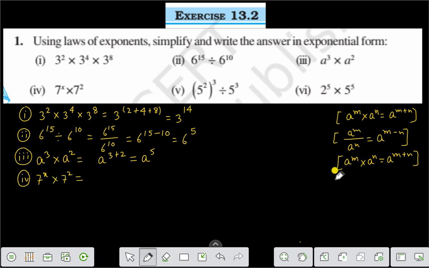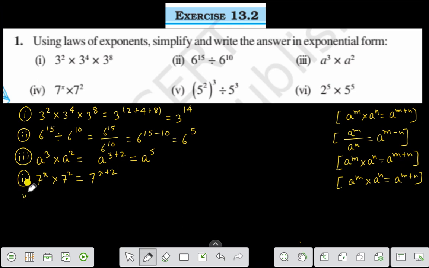Therefore, we can apply the formula a to the power m into a to the power n is equal to a to the power m plus n. We can write it as 7 to the power x plus 2.